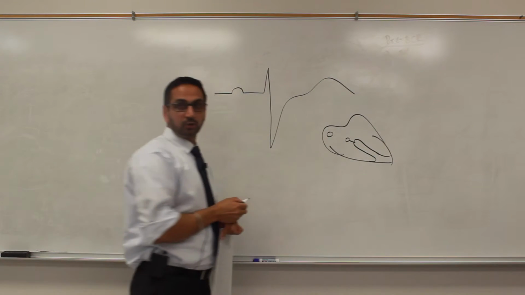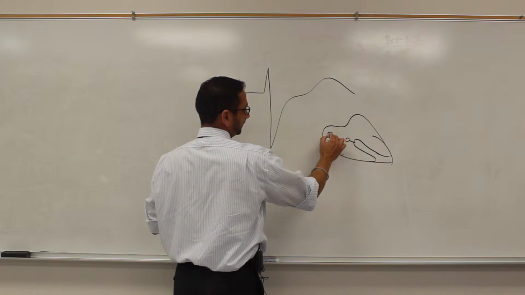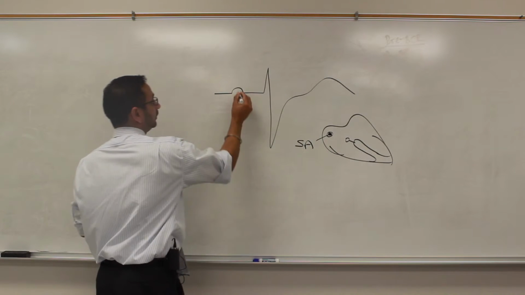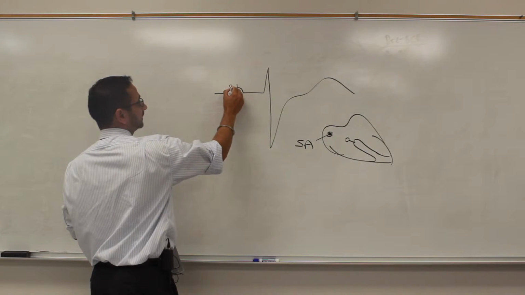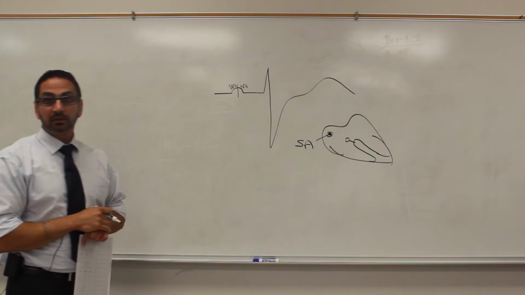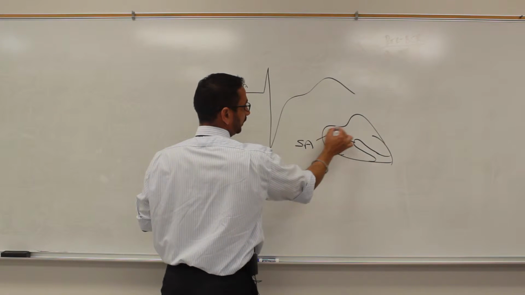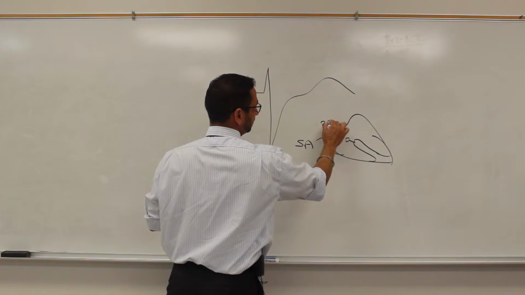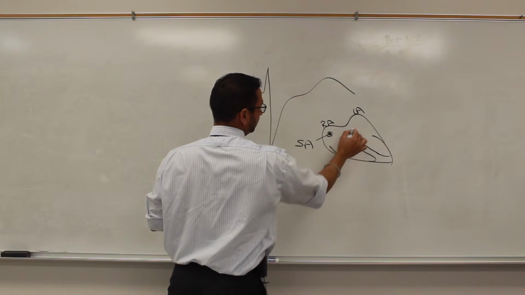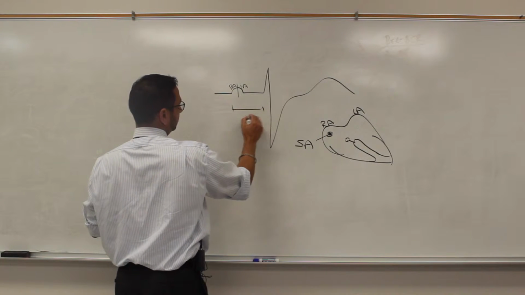That's how you conduct normally when you have an impulse causing depolarization starting in the SA node. You have a right atrial depolarization, you have a left atrial depolarization, collectively making a P wave. When this conduction depolarizes both atria, this is the right atrium, this is the left atrium. When it goes from both the atria to the AV node, we call it the PR interval.